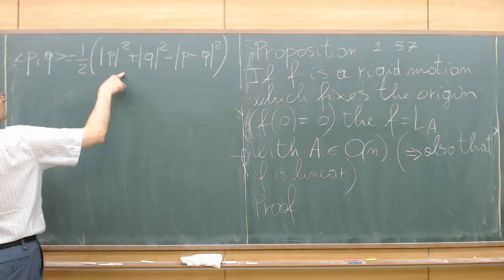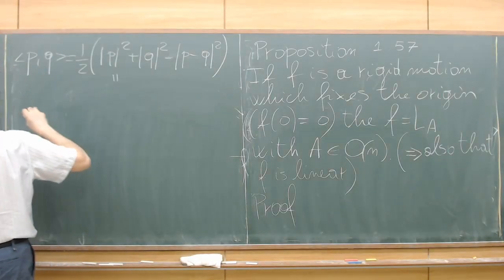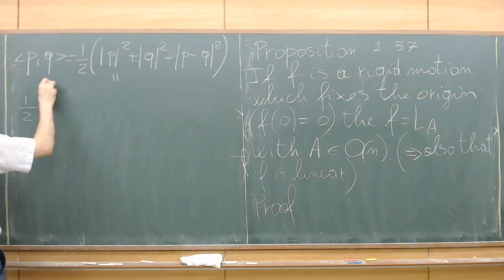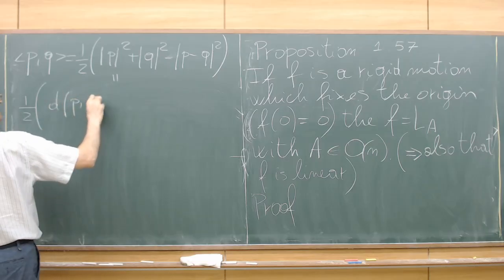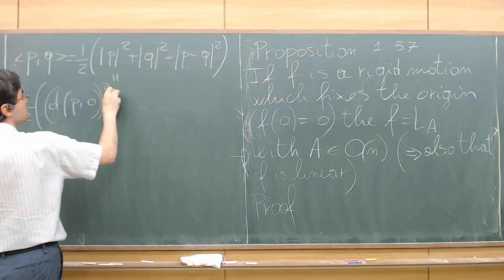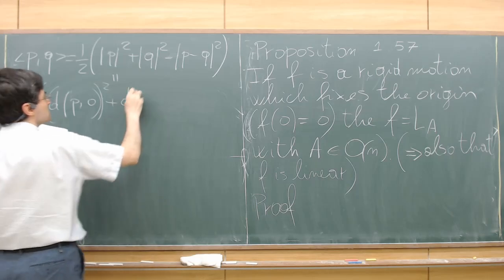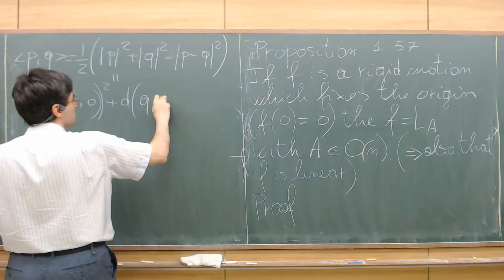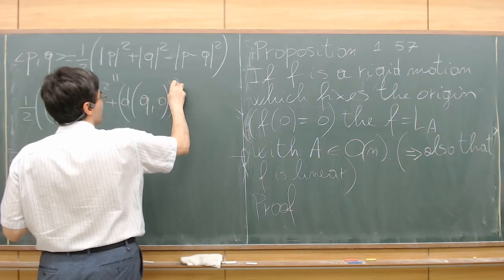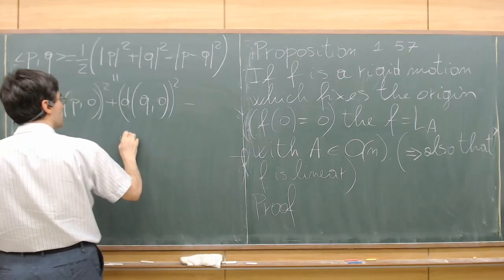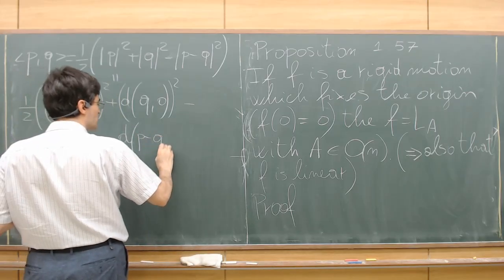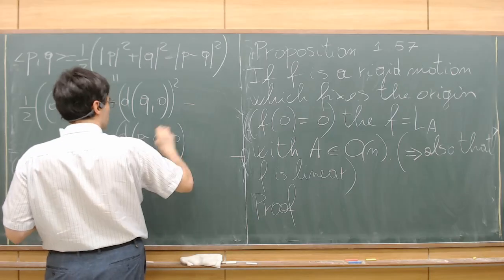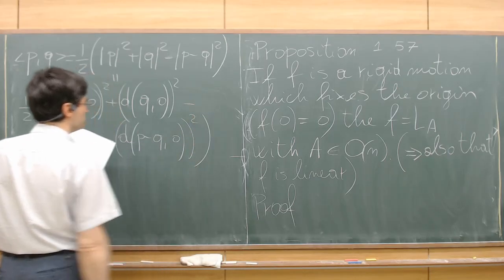And now I rewrite this changing the notation. So this is 1/2 times the distance between P and 0 squared plus the distance between Q and 0 squared minus the distance between P minus Q and 0 squared.